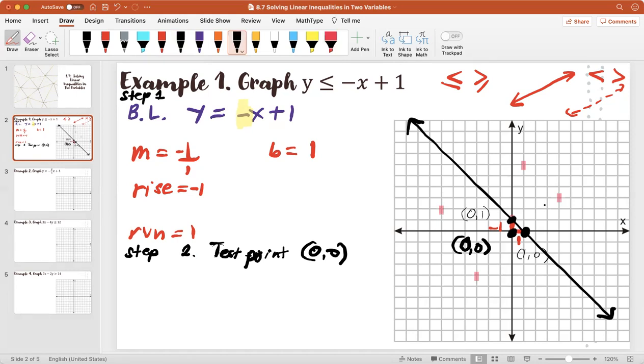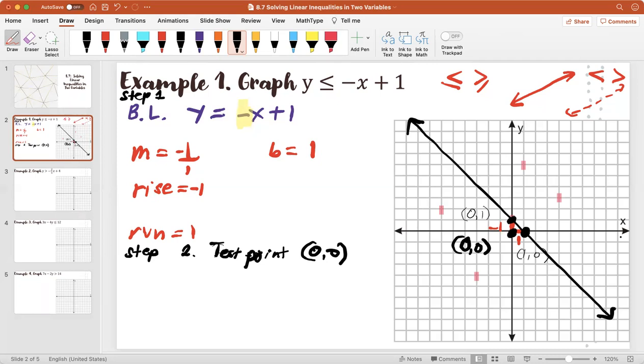Because if this point here on this side of the line makes the inequality true, then that means all the other points here will also make the inequality true, and we say that that's the solution set. But if it will make it false, then that means 0, 0 is not a solution, and also the other points are not solutions. So where are the solutions? It would be here on the other side.